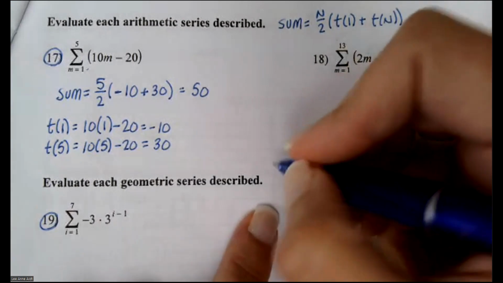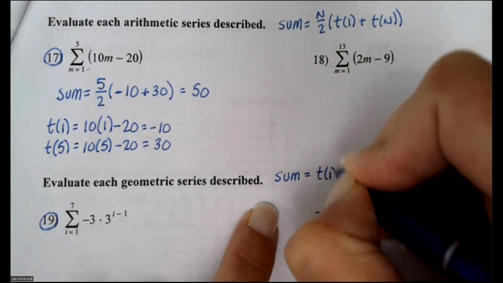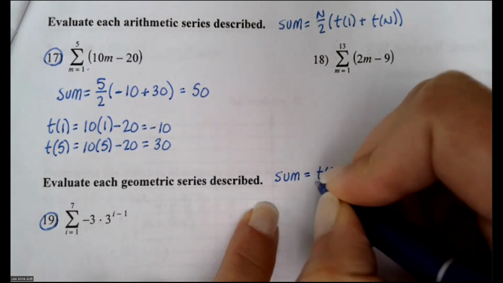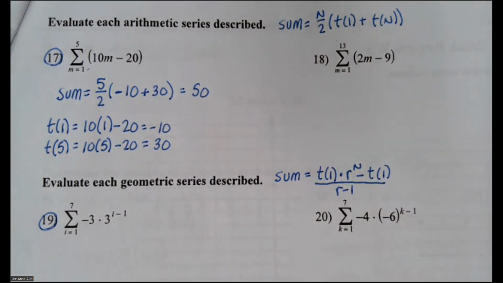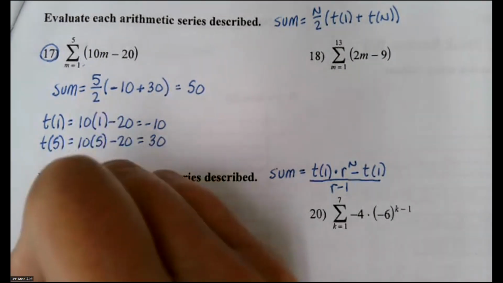Evaluate each geometric series described. That has a different formula. Sum equals first term times r to the n minus first term, over r minus 1. Okay.